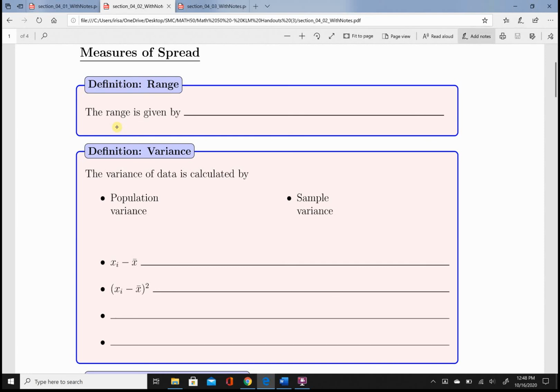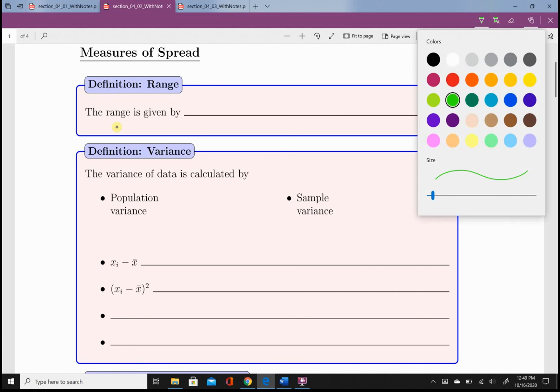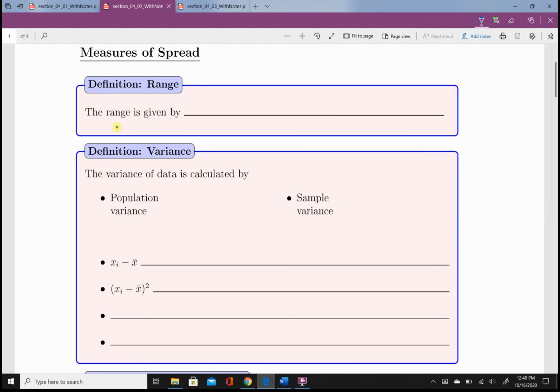We need to add notes here, and let's choose this royal blue color, why not? The difference between the minimum and maximum values.